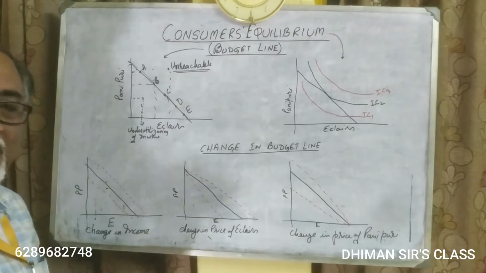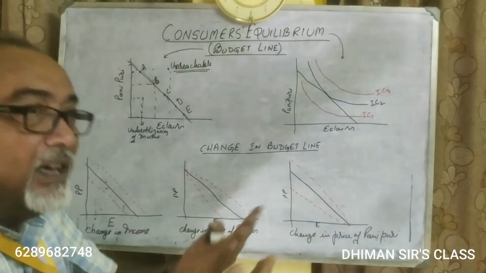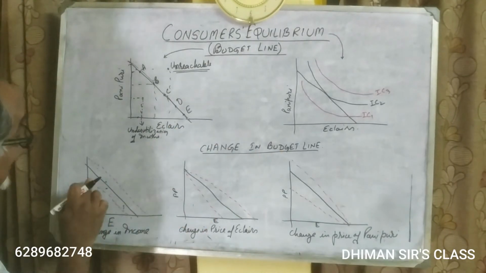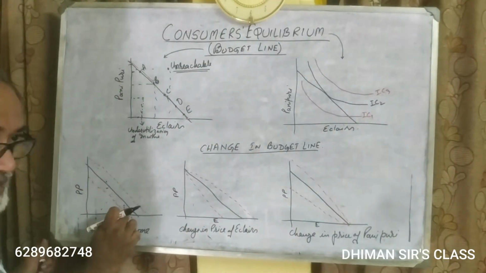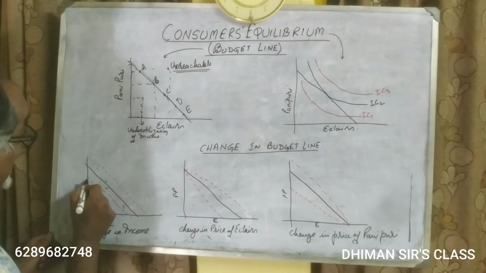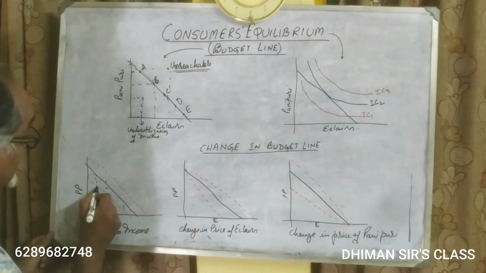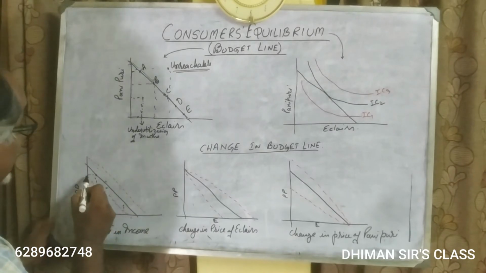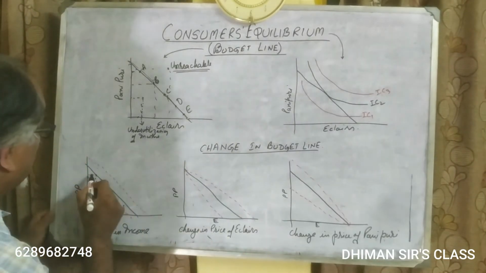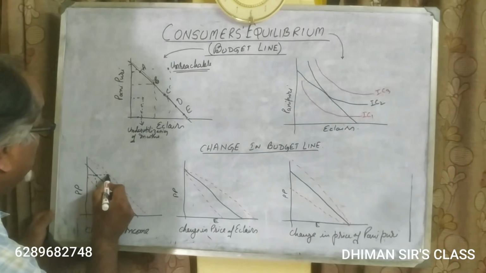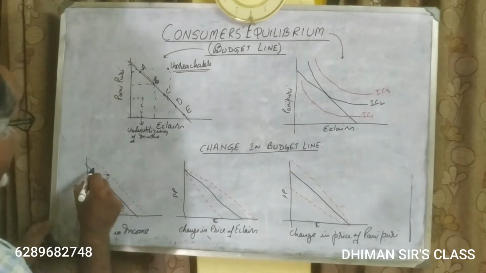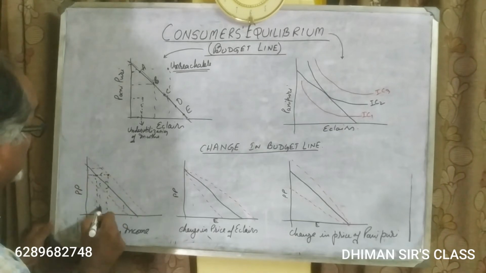My income changes. Means my income may increase or my income may decrease. If my income increases, then my budget line was this. Suppose I am consuming at this consumption level. In that case, if my income increases, definitely I will shift on to this point, or I may change to this point.